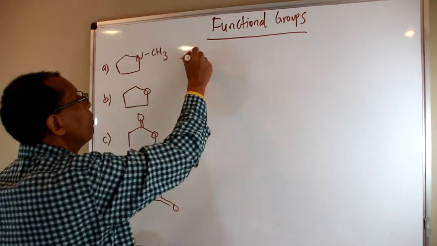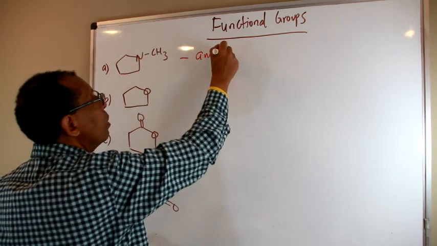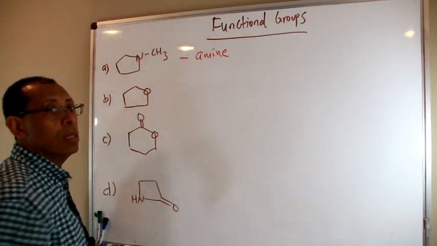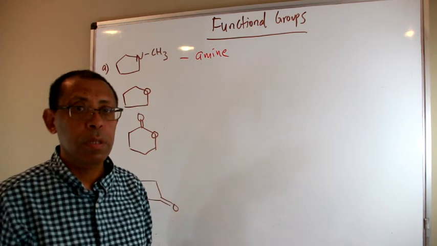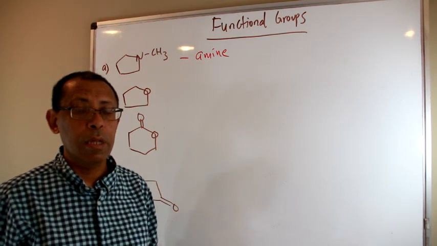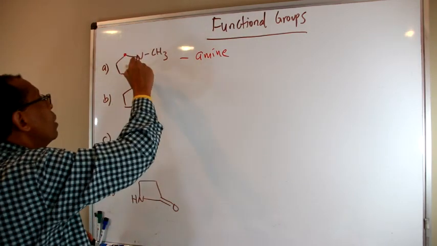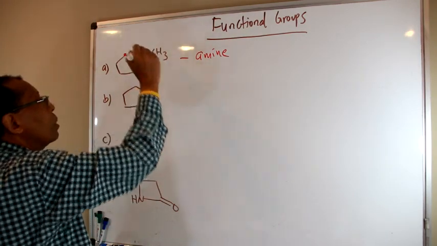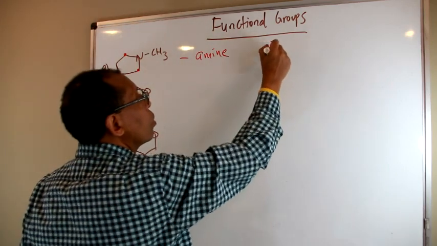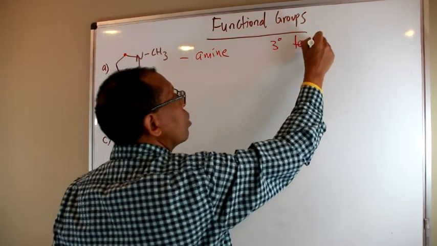Still, it is an amine functional group, and the amine is a tertiary amine because the nitrogen is attached to 3 different carbons: this carbon, that carbon, and that carbon. Therefore, it is a tertiary amine.